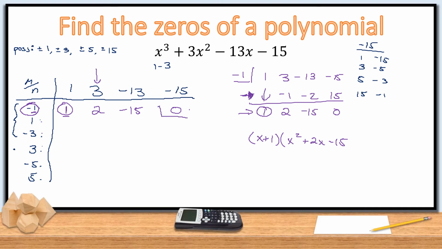So our remainder is technically out here. So it's the 1, the 2, and the negative 15. And you just look to see, can that be factored? So factors of negative 15 that add to 2, that would be x and x, positive 5 and negative 3.